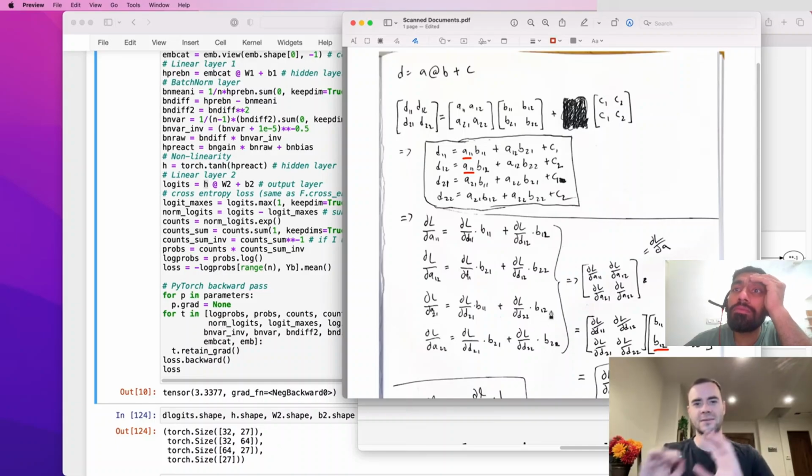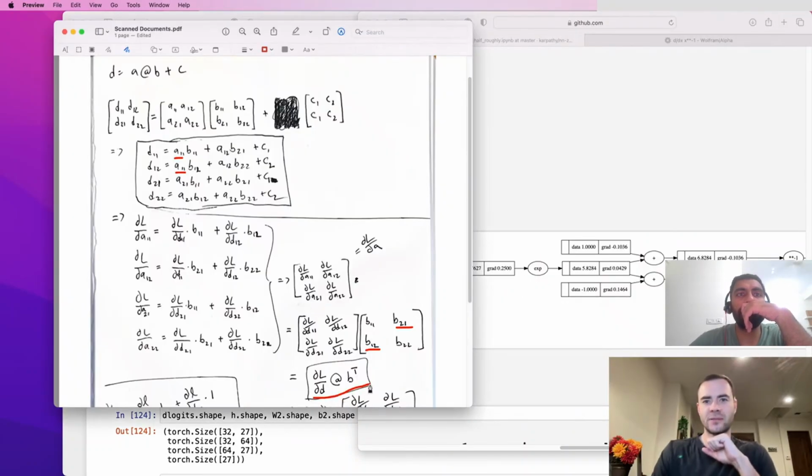Long story short, just by doing very simple reasoning, by breaking up the expression in the case of a very simple example, dL by dA is simply equal to dL by dD matrix multiplied with B transpose. So that is what we have so far.